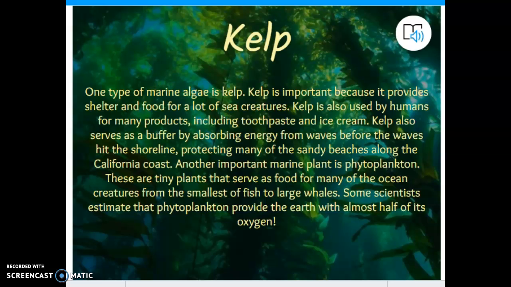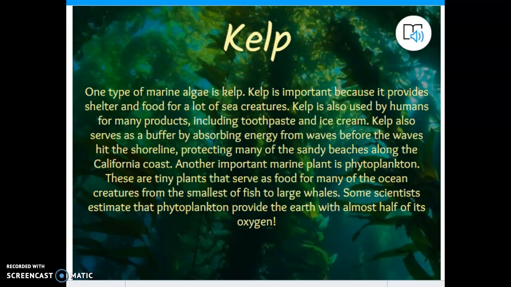Another important marine plant is phytoplankton. Phytoplankton are teeny tiny plants that serve as food for many of the ocean creatures, from small fish, and that would seem normal, right? A teeny tiny plant, teeny tiny fish, not a problem. But whales also eat phytoplankton.